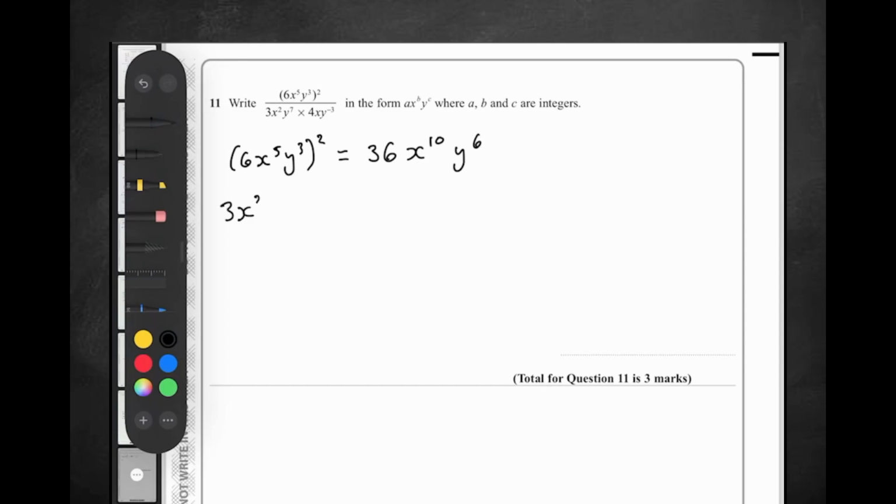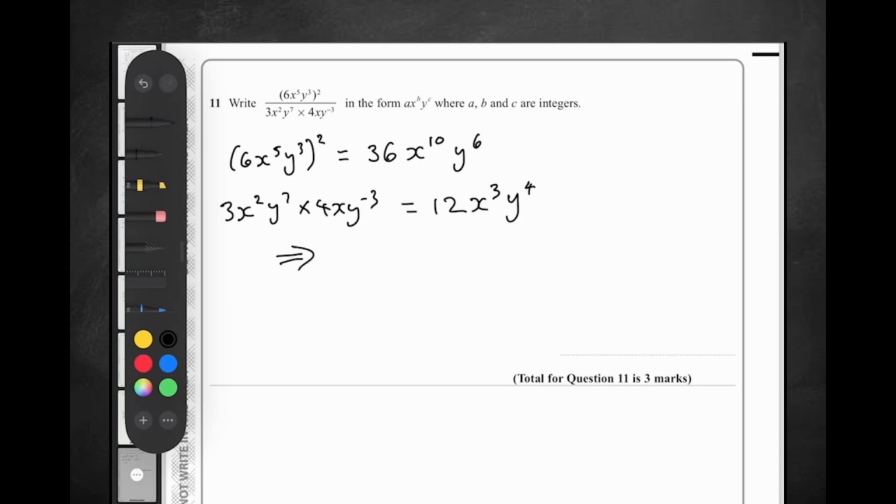Then the denominator is going to be 3 times 4, which is 12, x squared times x, which is x cubed, and y to the 7 times y to the minus 3, where we add the powers, is going to be y to the 4.